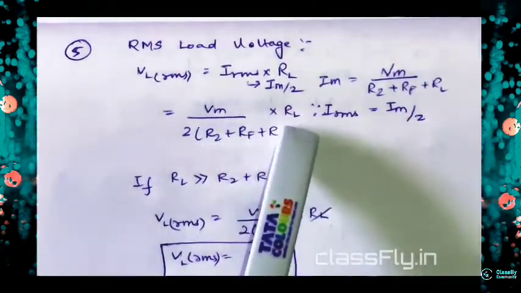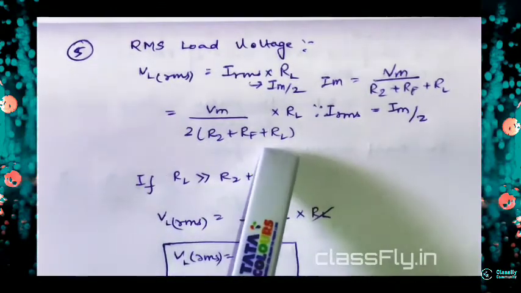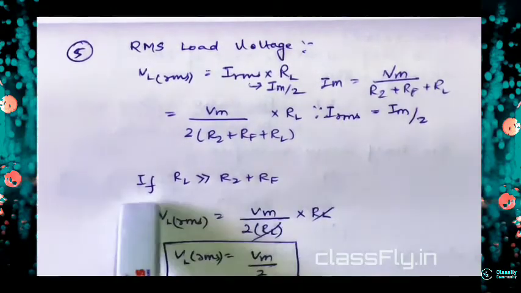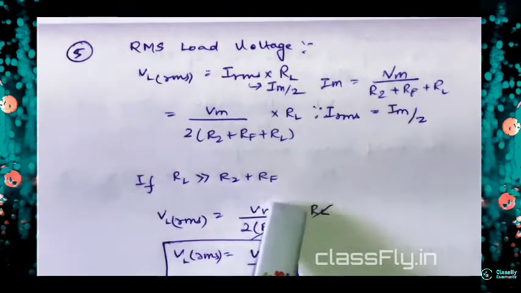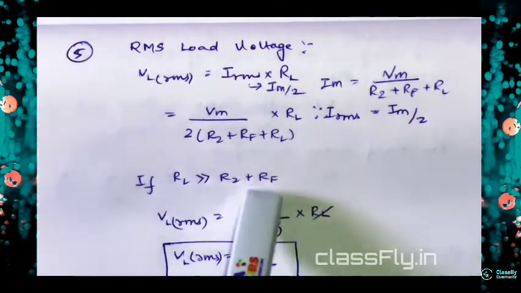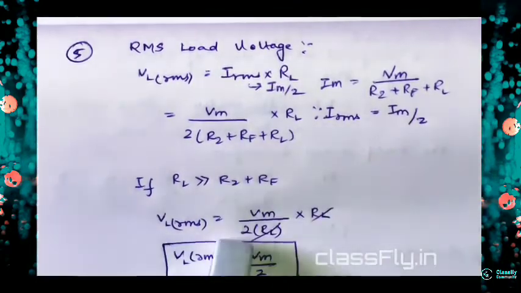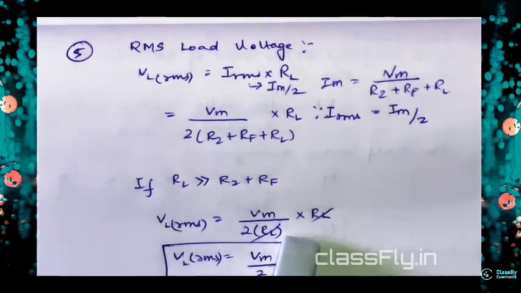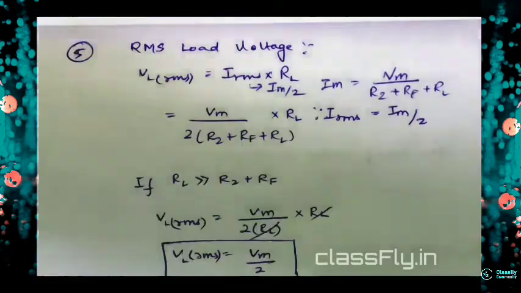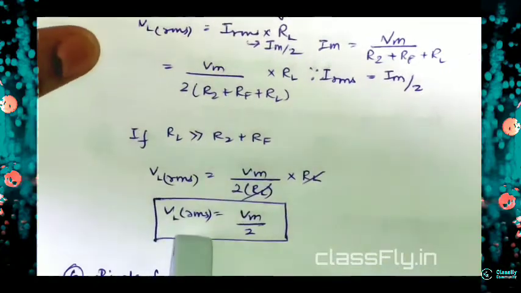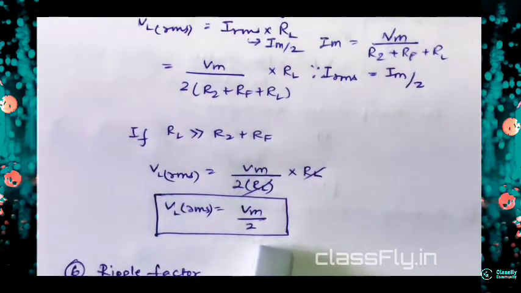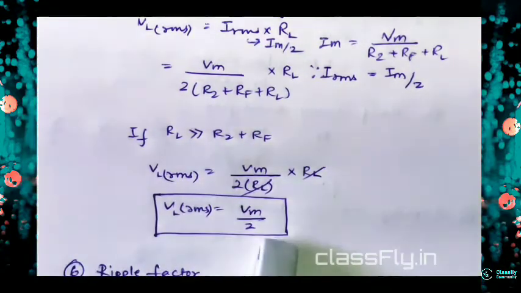So Vm into RL by 2 (R2 plus RF plus RL). If RL is greater than R2 plus RF, then R2 plus RF will be negligible. So Vrms equals Vm RL by 2 RL. So the RL gets cut, and we get our answer as VL RMS, the RMS load voltage, is equal to Vm by 2.